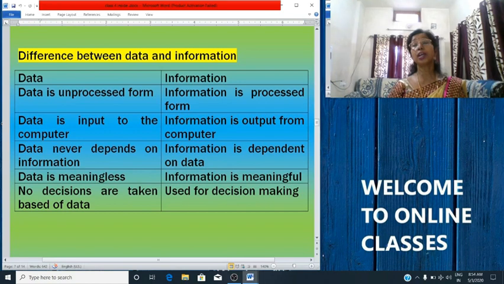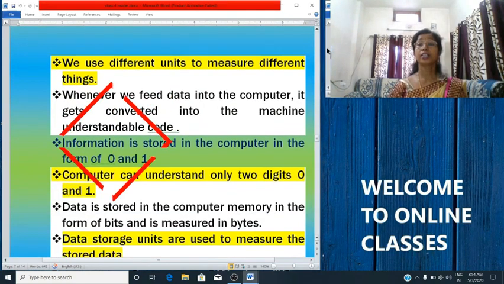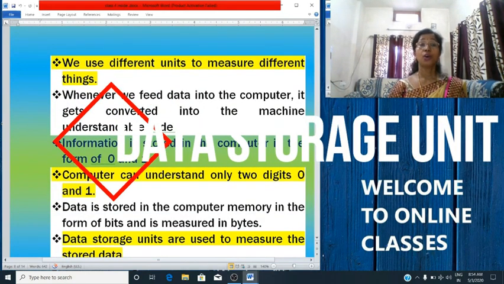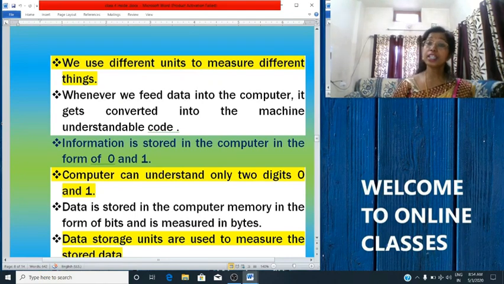Now we will move to the next topic, that is data storage units or data measuring units. So students, in maths, you had studied about different measurements, isn't it? What is a measurement? What is a measurement unit?